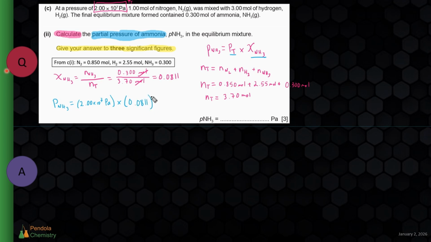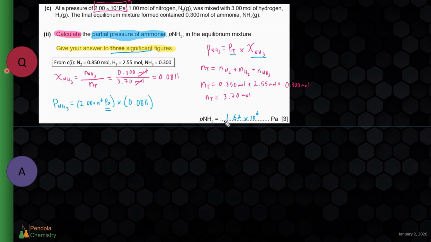And then what we get here, which is going to be in pascals, is our answer. So 2 times 10 to the 7 times 0.0811 gives us that the partial pressure of ammonia is going to be 1.62 times 10 to the 6th power in pascals. Again, this is 3 significant figures because that's what they asked us for, 1.62. And so that is our answer.